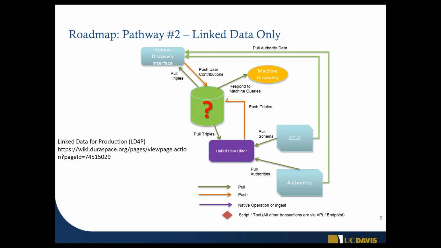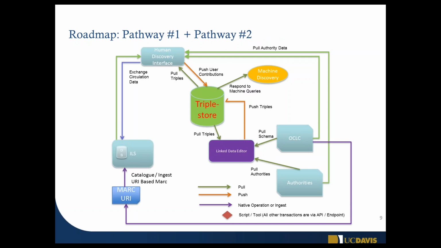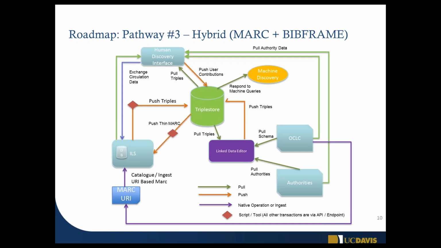So our approach is, how about if you take both, combine them, and change that green part from a question mark to a triple store, and also add a few programs and link your triple store with your existing integrated library system. The reason we think this might work better is because you can still rely on your integrated library system to keep your acquisition data, circulation data, and other data you need for your library's internal operation.